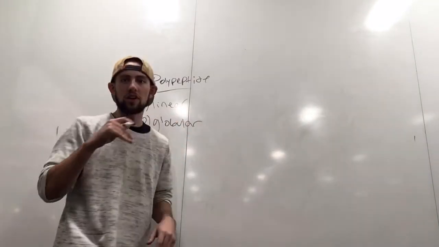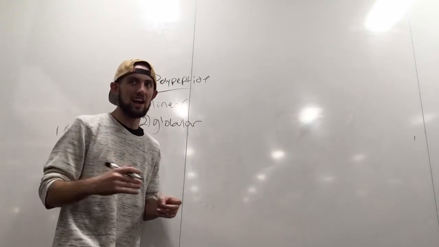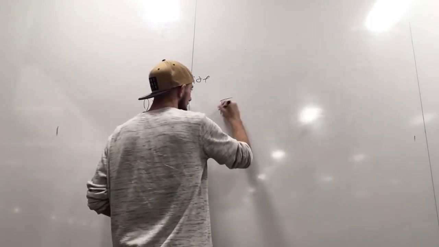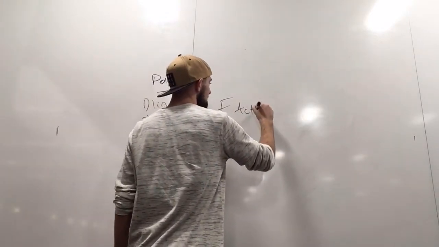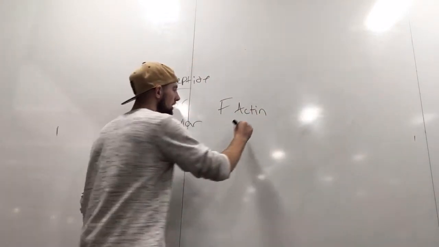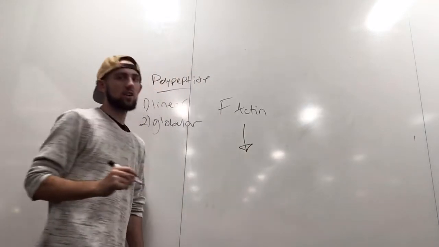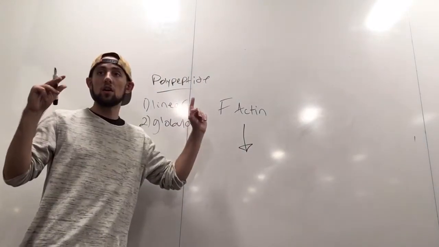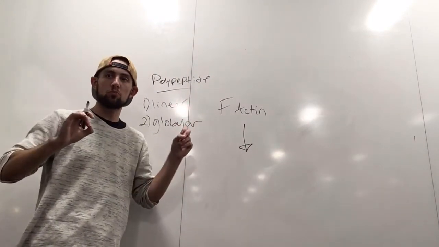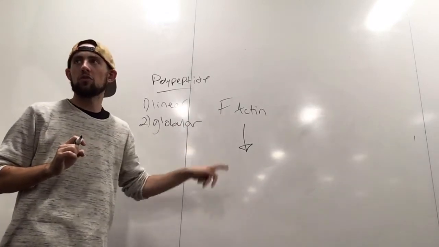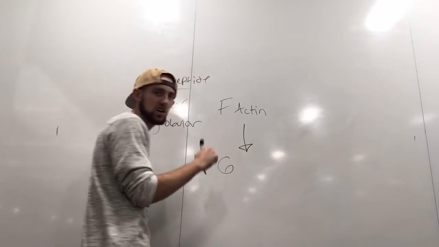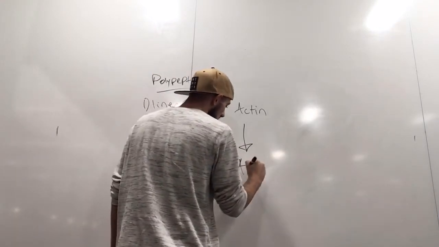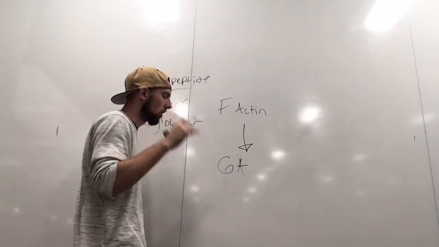So remember that there's F actin and G actin. Okay, so I got F actin, F being filament, and just to clarify, this is the structural protein of microfilaments. Okay, to G actin, G being globular.